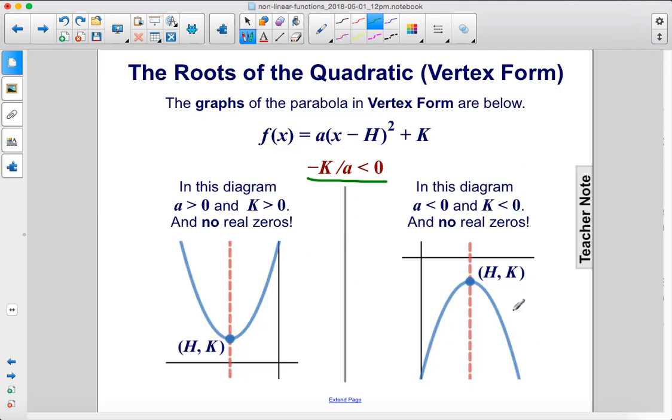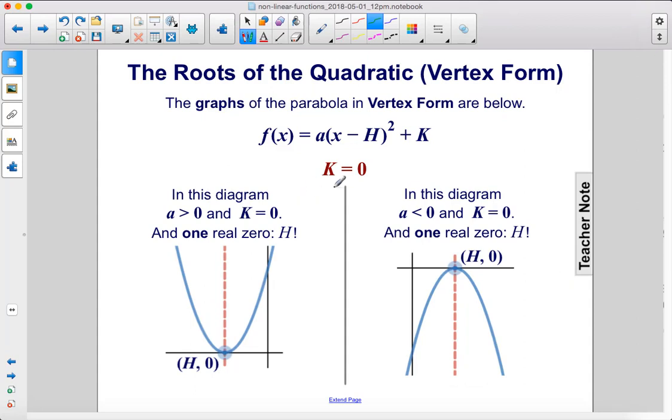And here, if they're both negative, so if you have a negative k value and a negative a value, those cancel, but we'll still be left with one negative sign. Therefore, this is an example of what that would look like. It would be downward facing, and our k value is going to be below the x-axis, and there won't be any points where the graph crosses the x-axis.